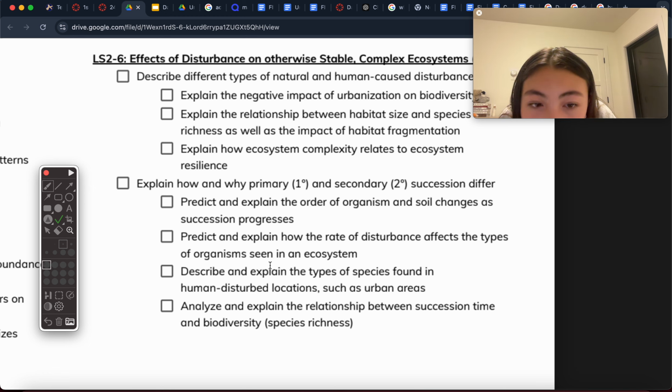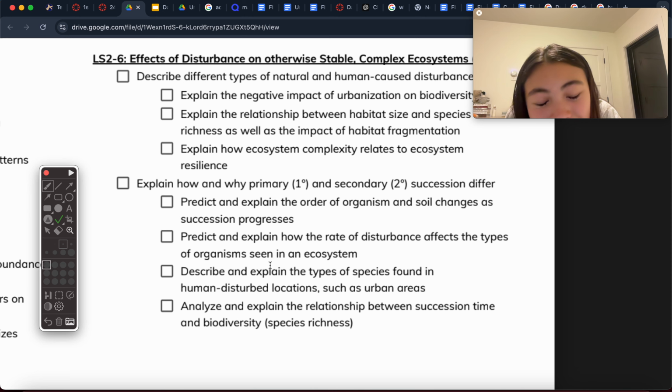Analyze and explain the relationship between succession time and biodiversity. Okay, so succession time. So when you're starting from nothing, primary succession, you're going to... Oh, wait, I might be on the wrong track here.